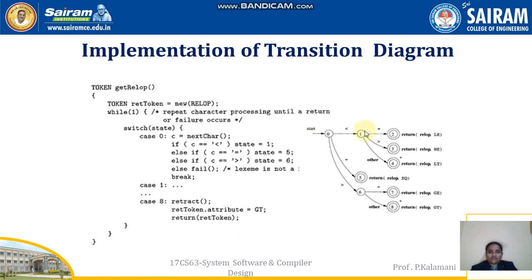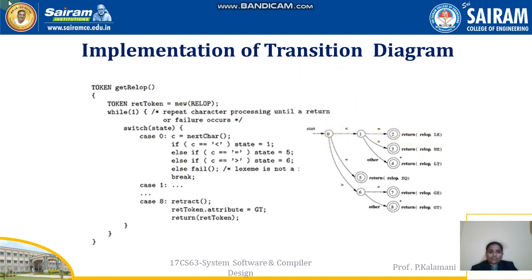Then the same thing, if we go to the next state, case 1. The first statement will be C equals next char. The next char may be equal to, greater than, or other. If C is equal to, it goes to state 2 and returns the token, with return token dot attribute equal to less than or equal to.